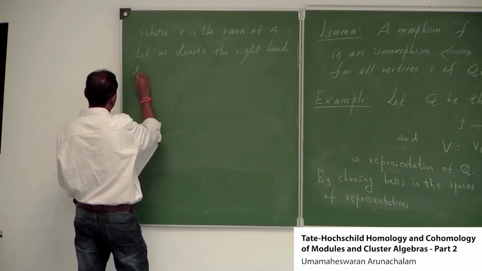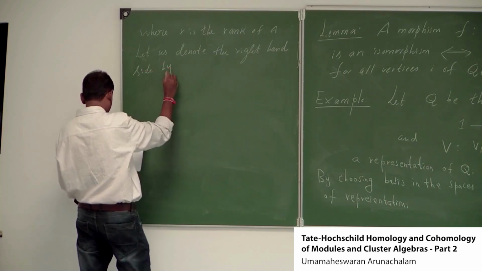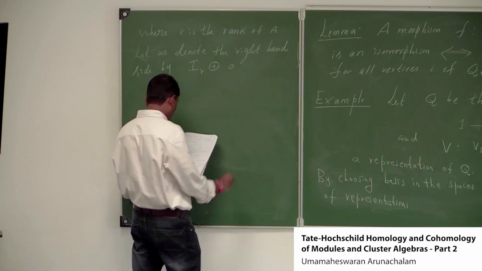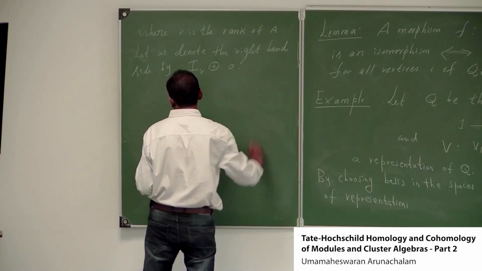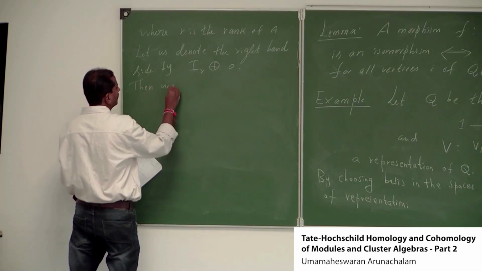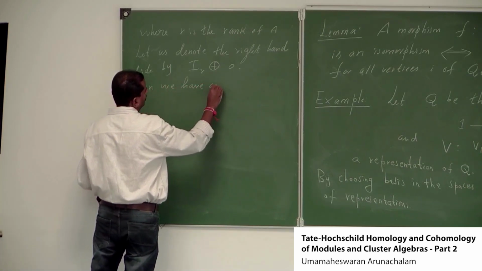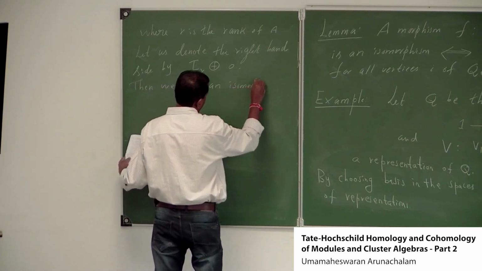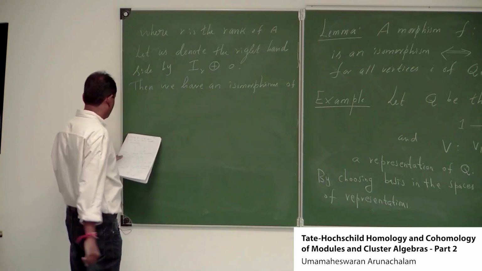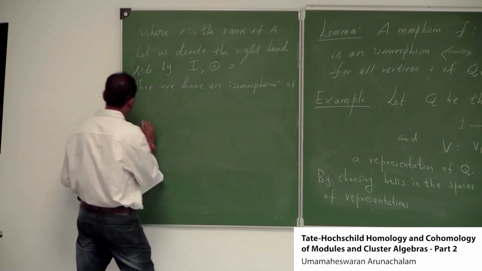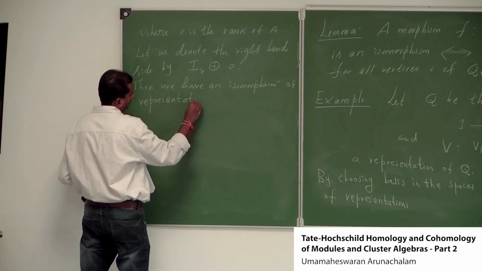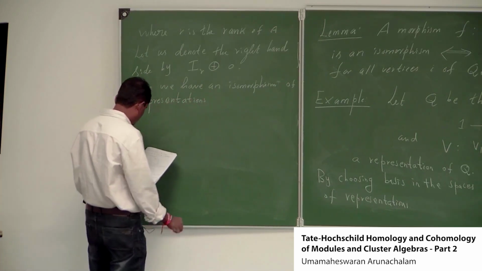Let us denote the right hand side by the direct sum of I_r and 0. Then we have an isomorphism of representations.